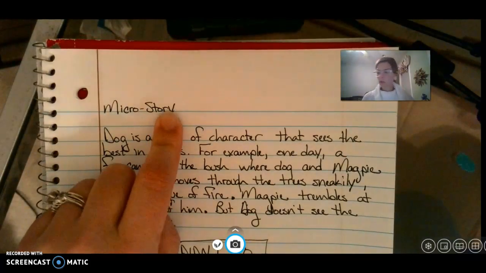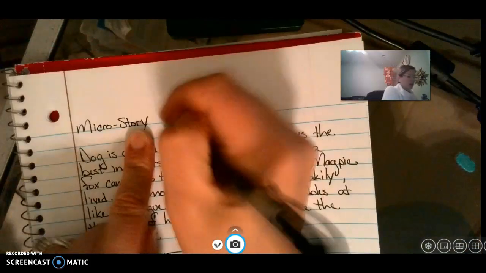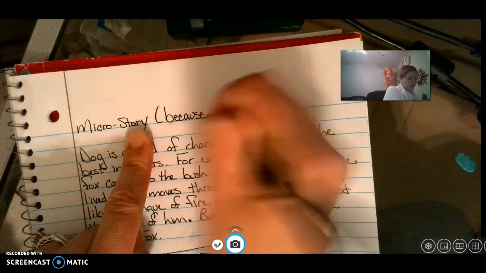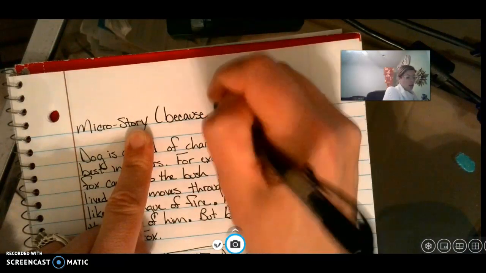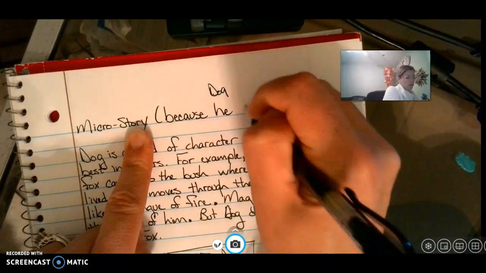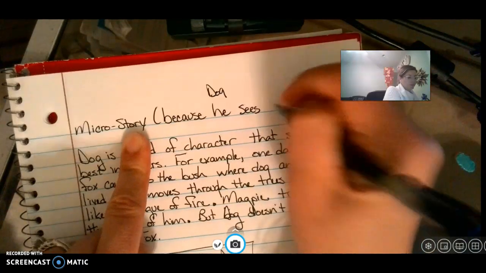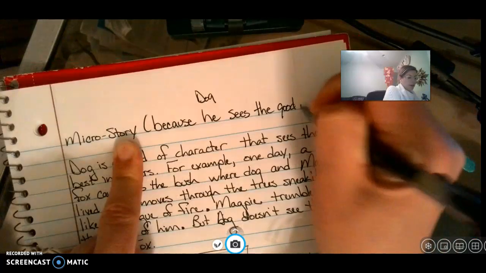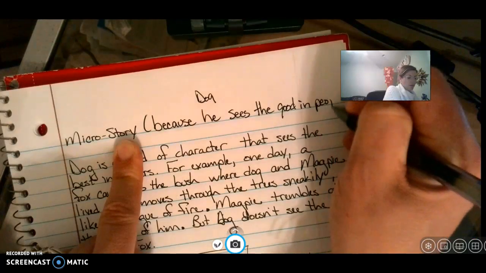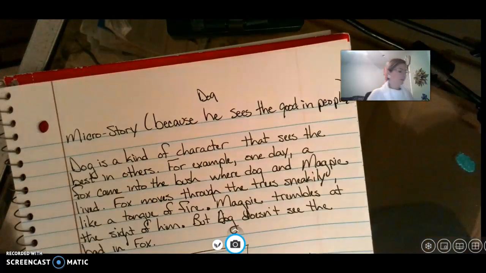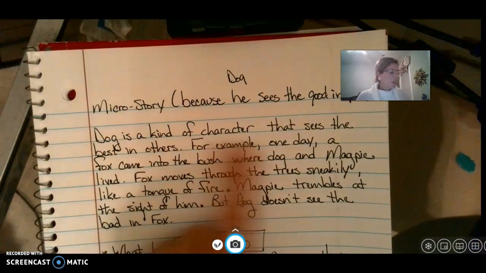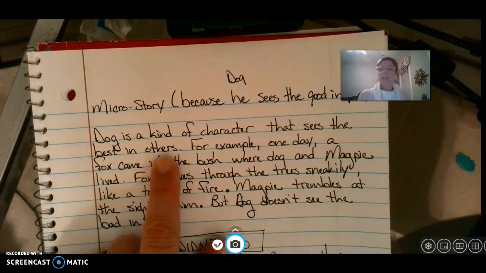I put a micro story, and I'm thinking about because he, meaning Dog, sees the good in people. Okay. And I'm going to say, Dog is the kind of character that sees the best in others.